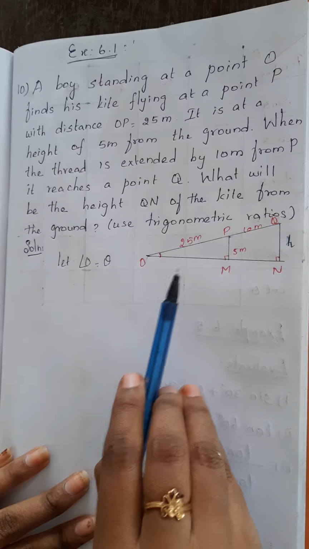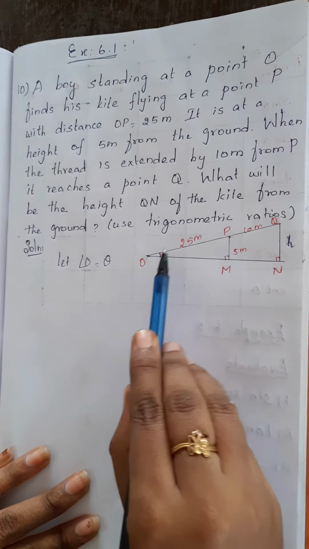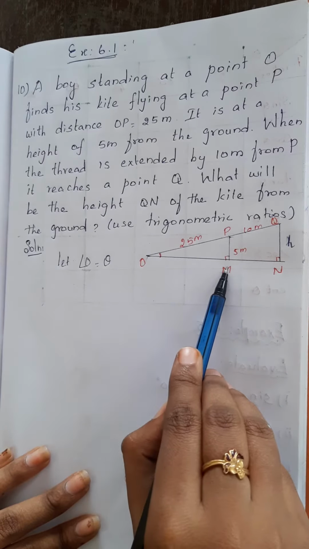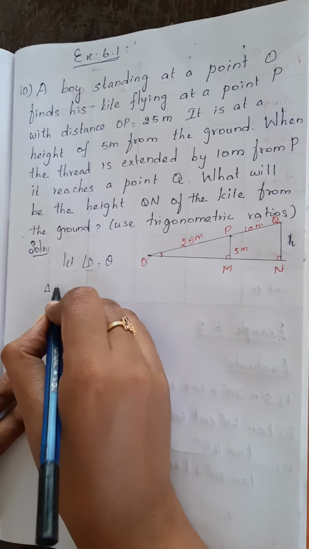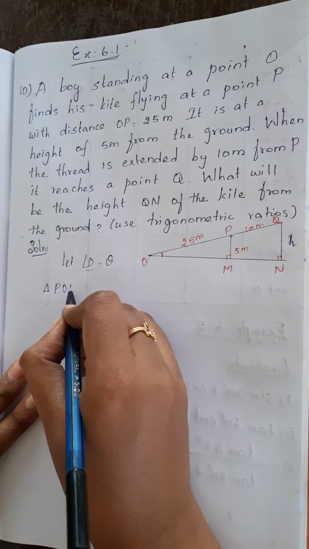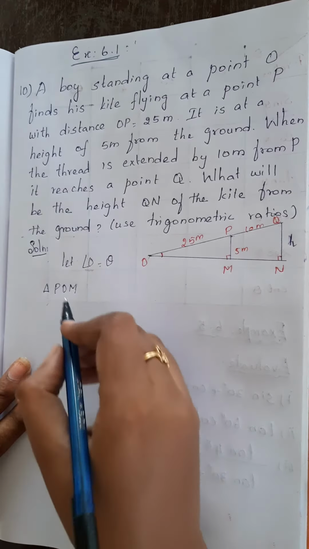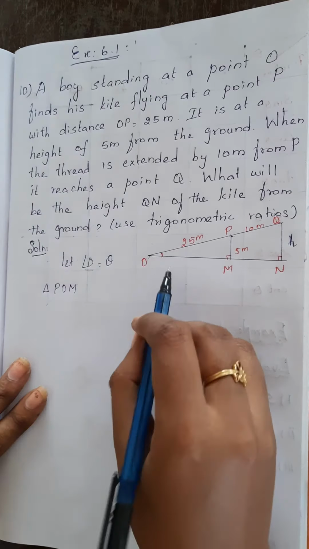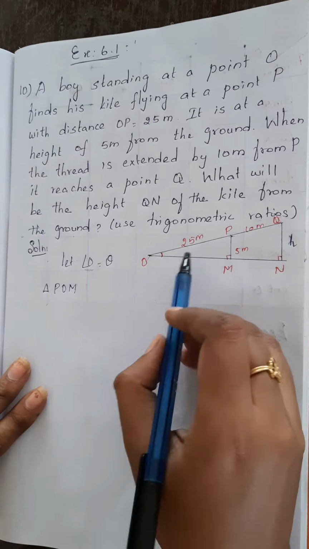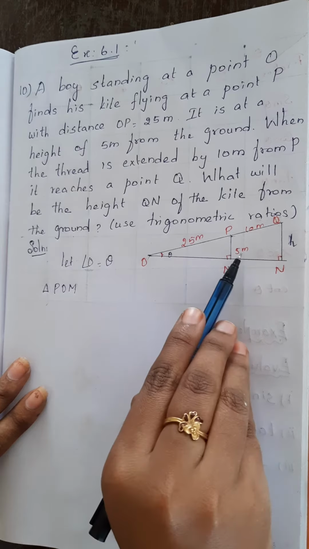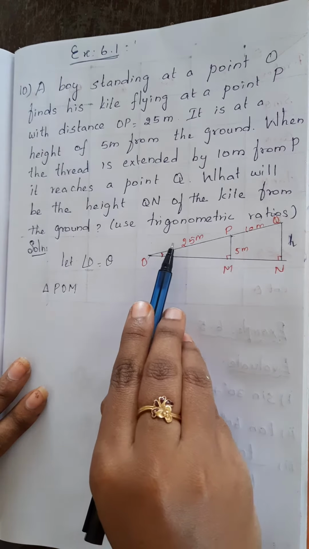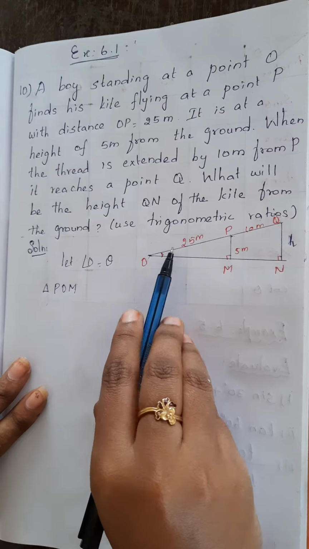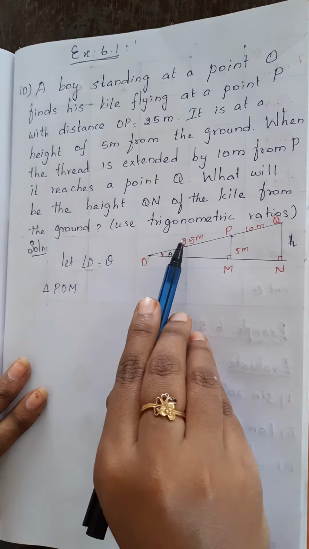Okay. Next, look at the triangle POM. If it is theta, what is this side? It is the opposite side of theta. Then it is the hypotenuse. So we know the opposite side and hypotenuse.